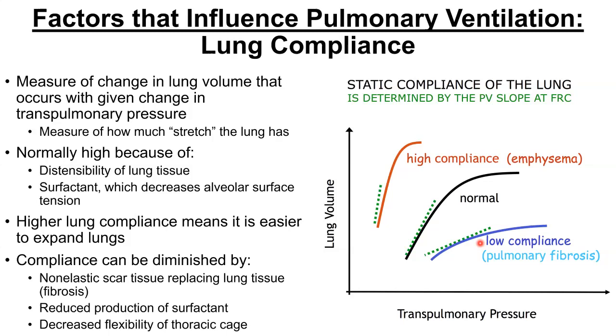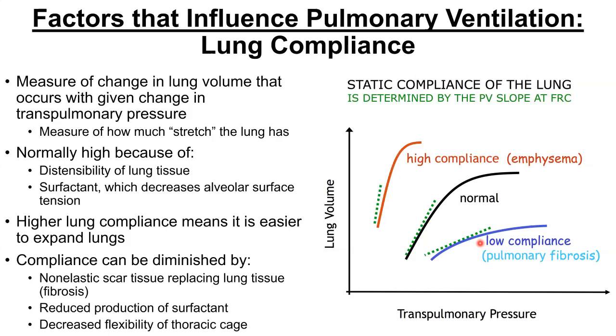Another way that compliance could be lowered is if there is a problem with surfactant production. If you don't make as much surfactant, then the lungs, the alveoli specifically, don't like to stretch very much.